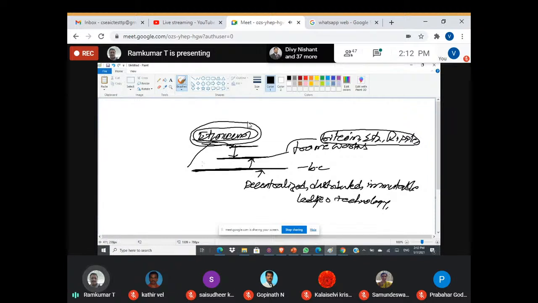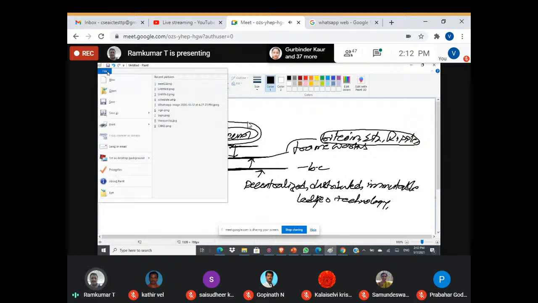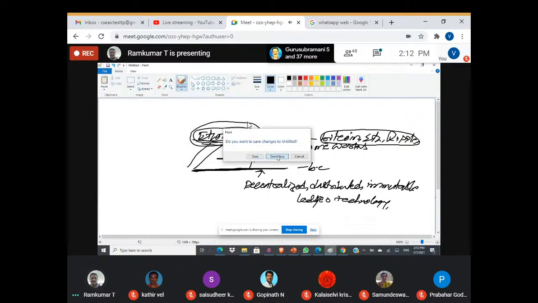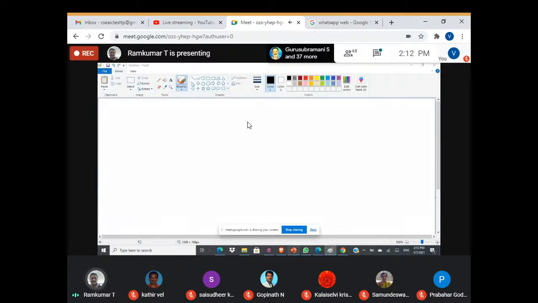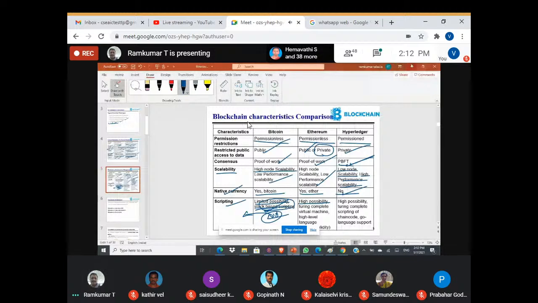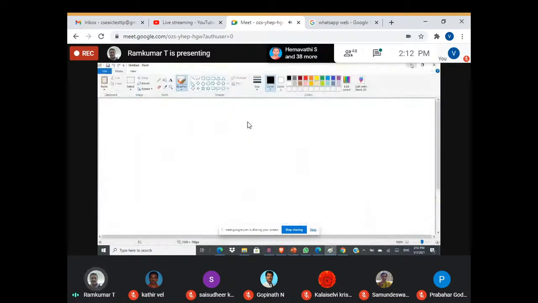That is the total concern about how the blockchain works. Right now, where we stopped the concept we were discussing previously, yeah. We all know about the subject formal language and automata theory.